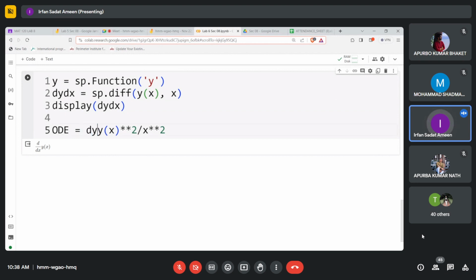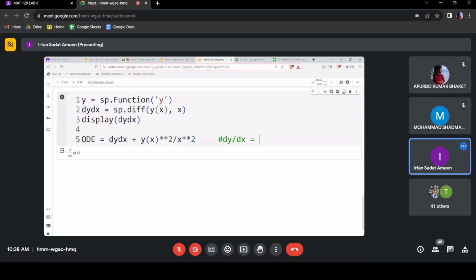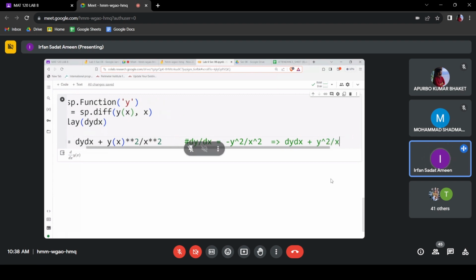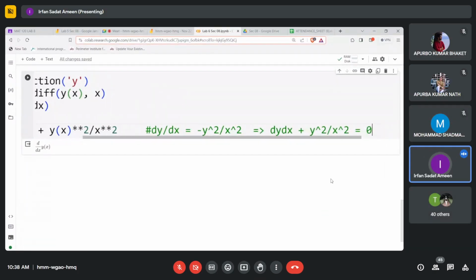So what should we have? dy dx plus, no, our model was dy by dx equals to minus y square by x square. From here you will definitely get, if you change the side, dy dx plus y square by x square equals to 0, right?